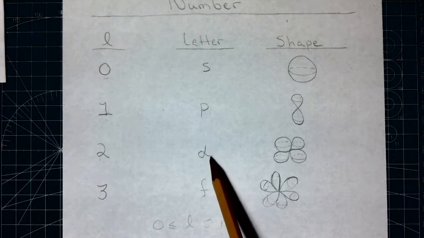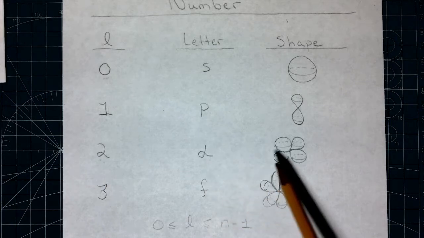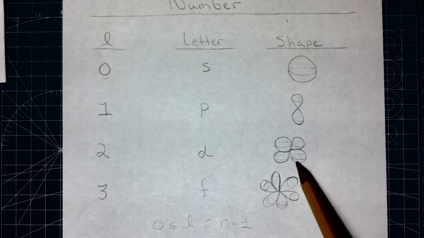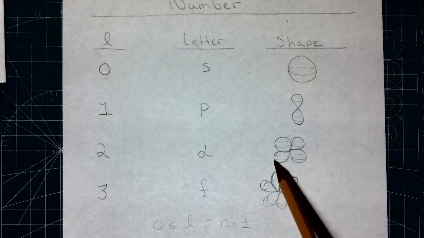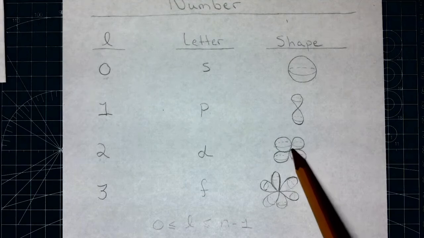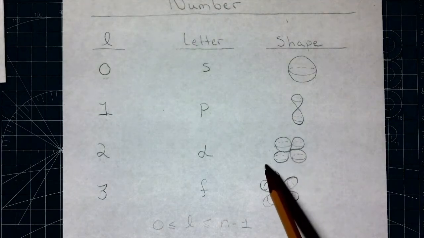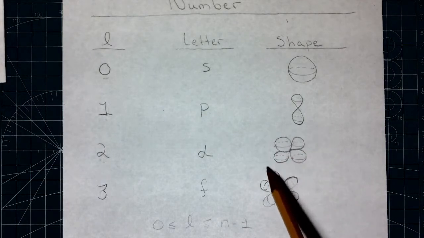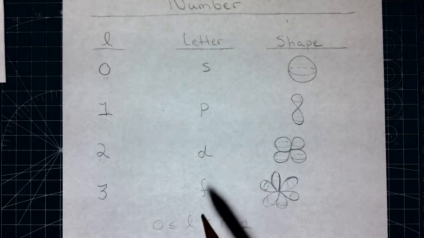This corresponds to d orbitals, and this is where things start to get a little complicated. One shape that a d orbital can take on looks kind of like this, where we now have this clover type shape around the center. But in fact, not all d orbitals are going to look like this. There are some really exotic shapes that it can take on.